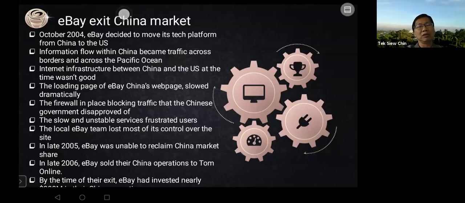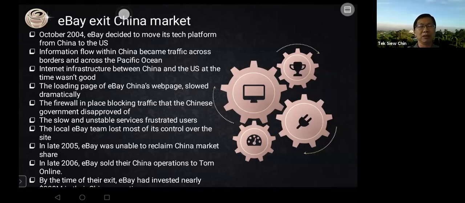So the day when they shifted to the US, the traffic had actually already slowed down. That made the users very frustrated, because the Chinese government also blocks information or any traffic which is not approved.